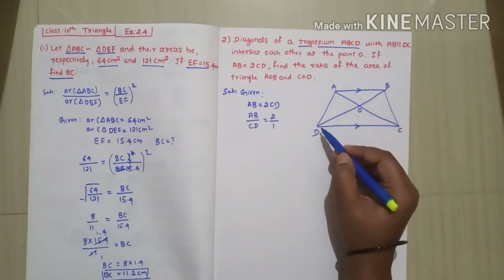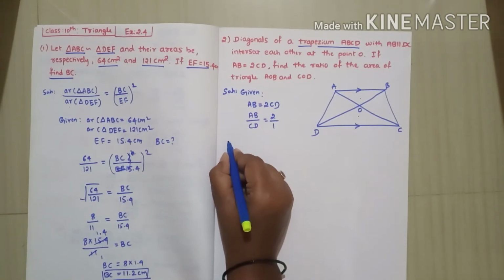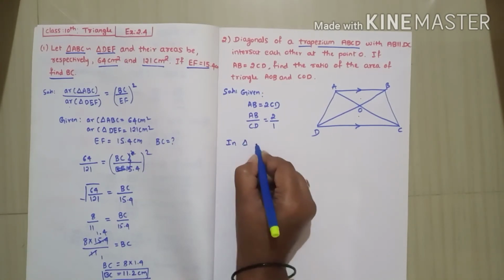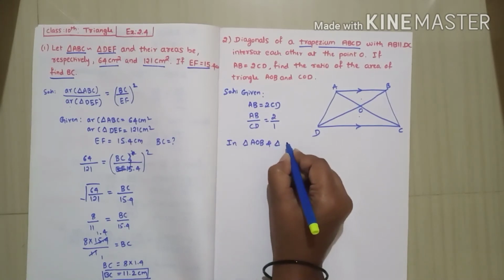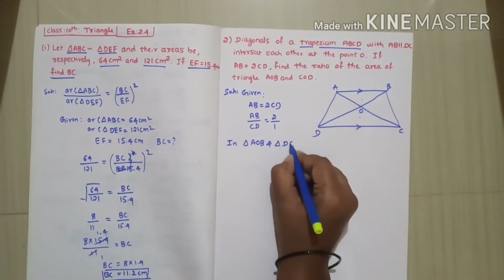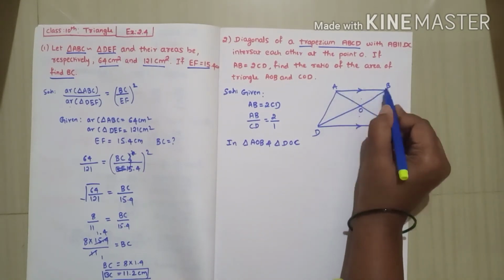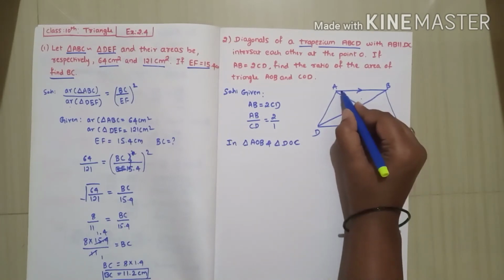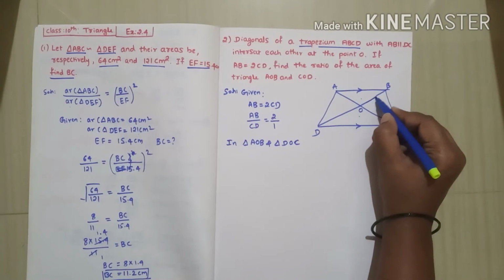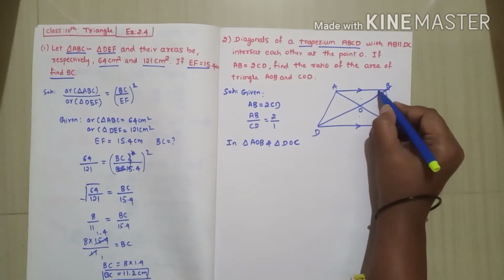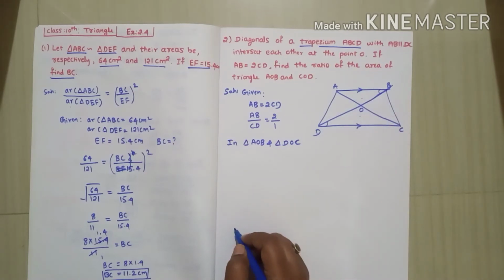Triangle AOB and DOC are similar. We have to prove here. We have to consider those two triangles, in triangle AOB and triangle DOC. Here they only mentioned that AB is parallel to DC. If AB is parallel to DC and DB is a transversal, these two angles are interior alternate angles.